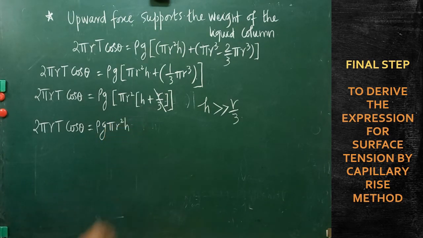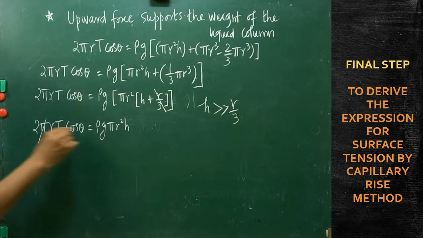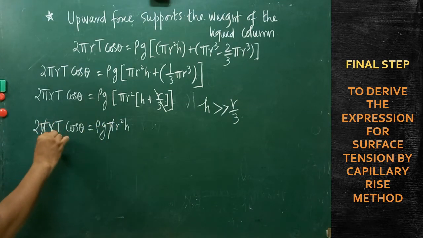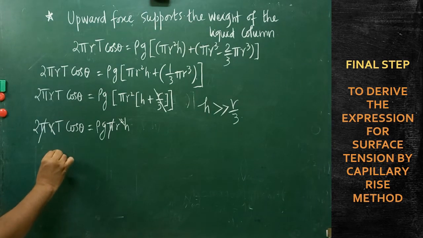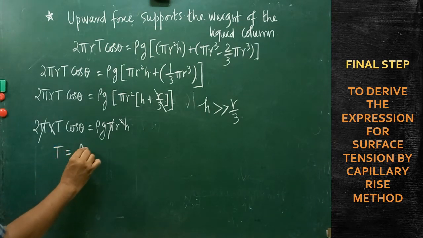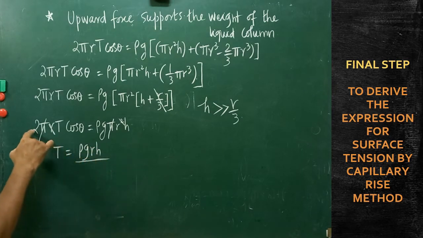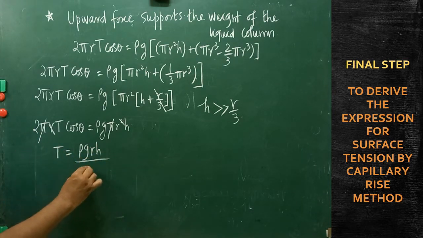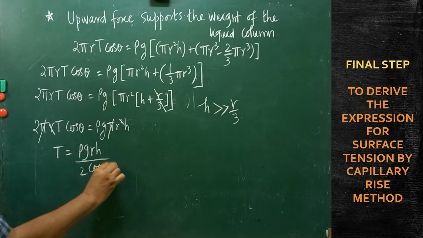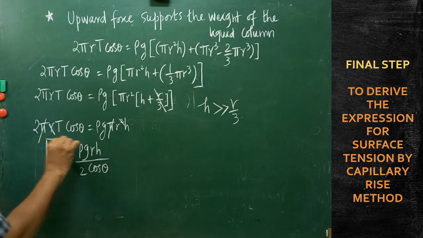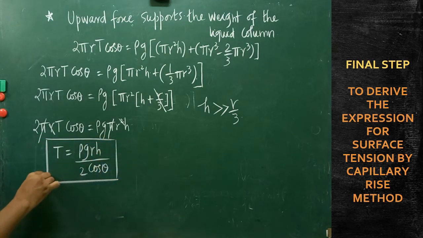Here pi can be cancelled, and one r can be cancelled. So what is the remaining factor? Therefrom you have to get the expression for T. T is equal to rho g r h divided by 2 cos theta, the 2 coming down by cross multiplication. So this is the expression for surface tension by the capillary rise method.